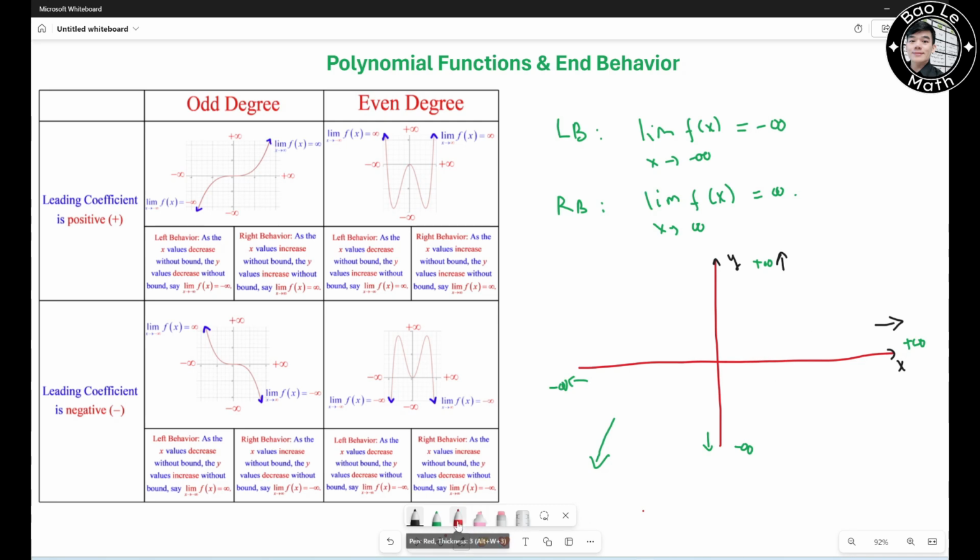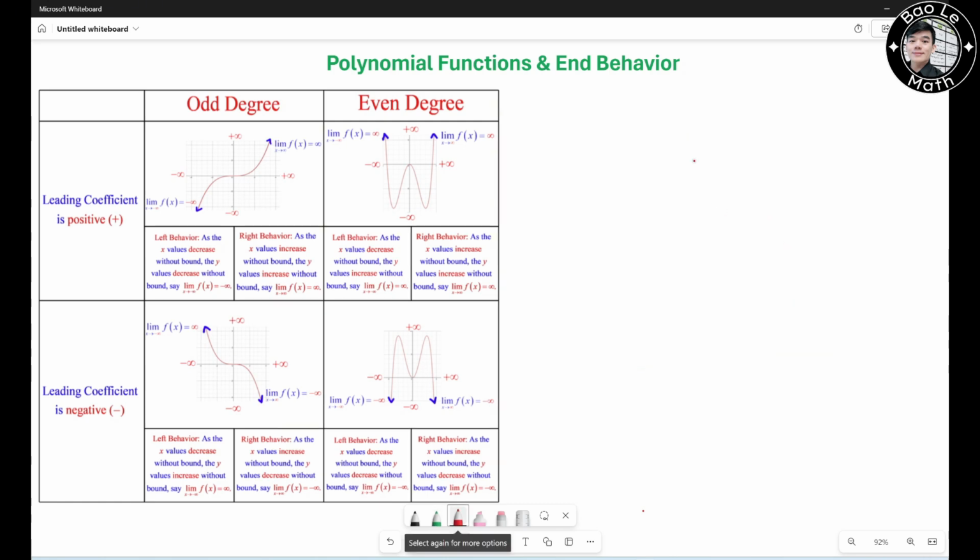So the end behavior should be something like this, right? So right here it could be the cubic function or the polynomial function with degree 5, 7, 9 or something like that, right? So in the middle right here it could be something like this, right? So the answers vary.